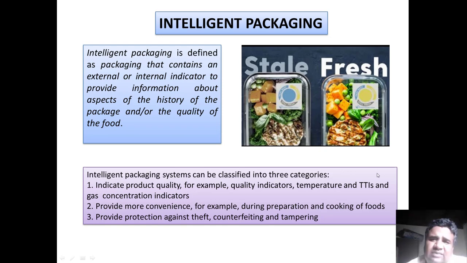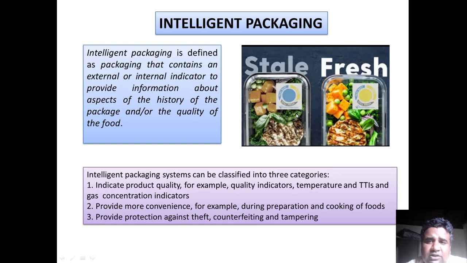Simply, we will say this is intelligent packaging if there is an indicator either inside or outside, and this indicator provides the history of the package. For example, when it was packaged, or whether it is appropriate to use or not. If we talk about the quality of the food, it means whether it is appropriate to use or not. And history of the package means for how long, and at what temperature, it was kept in any storage conditions.